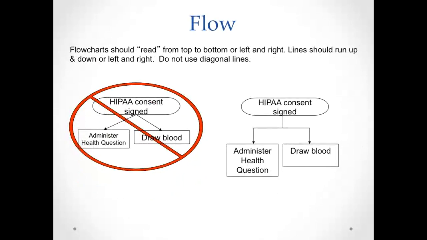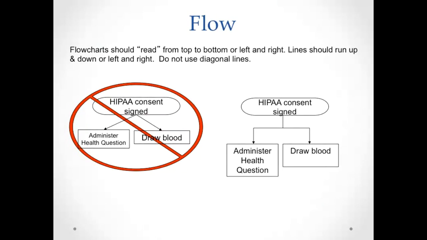Okay. So the next one is diagonal and curved lines. In the ISO 5807 standard flow chart, there are no diagonal lines and no curved lines. If you do a flow chart and you're putting diagonal and curved lines in it, it looks unprofessional.